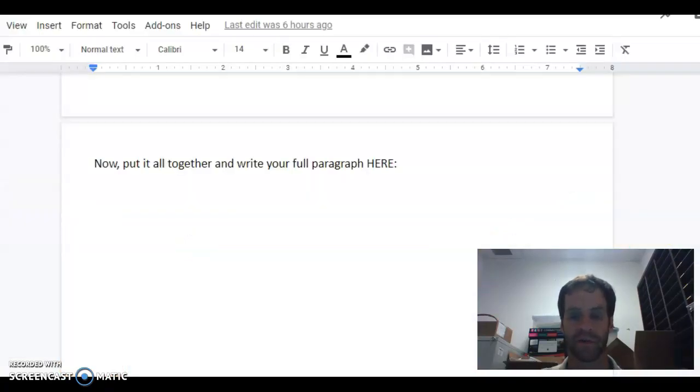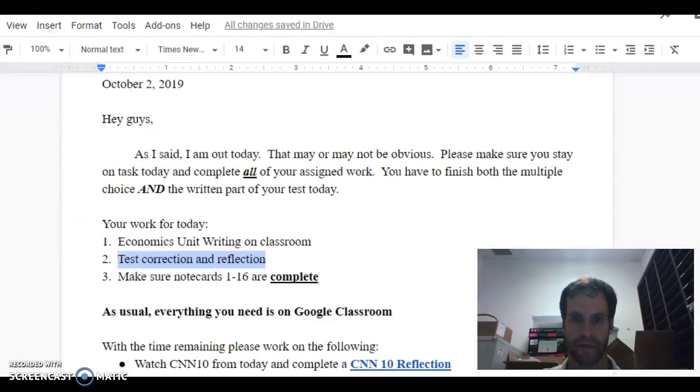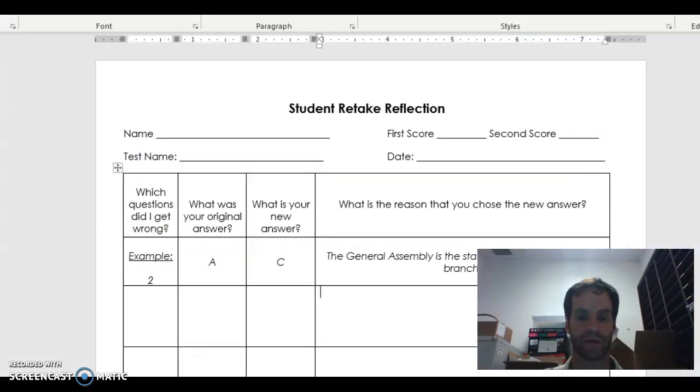You go from a D to a B. Just completing the reflection. I'll make sure that there's paper copies of this in the front of my class for you. You know, very quick, it's pretty self-explanatory.